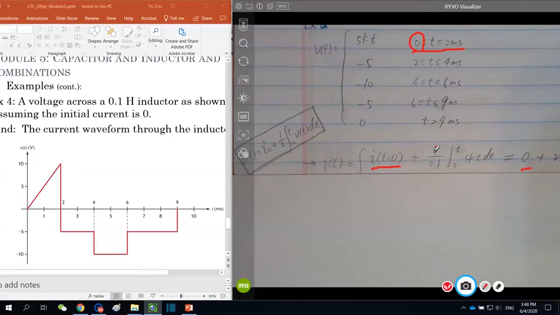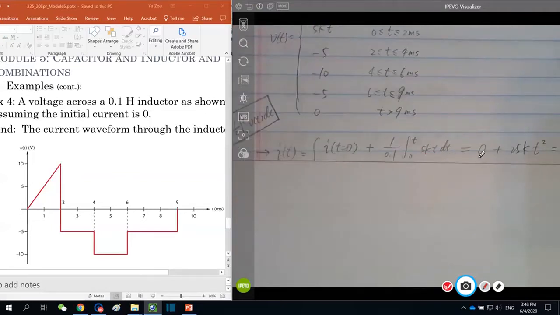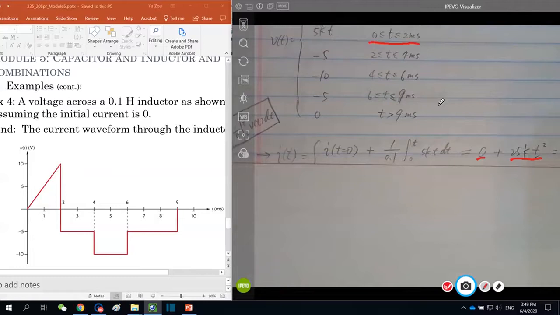And then plus 1 over L, 0.1 times the integral with lower limit the initial time moment for this window, which is 0, and upper limit t, of this v. And the result is 0 plus 25k t squared. This is the current between 0 and 2 milliseconds. The second one is also similar, and so are the third, fourth, and fifth.